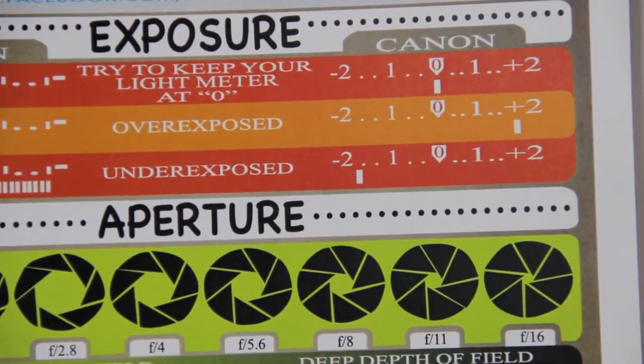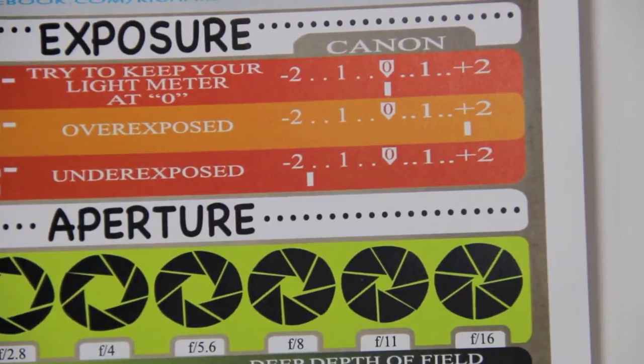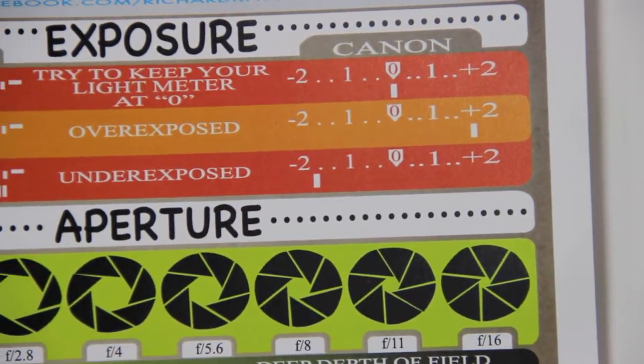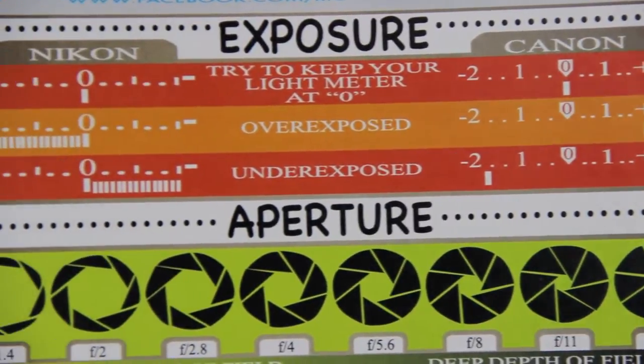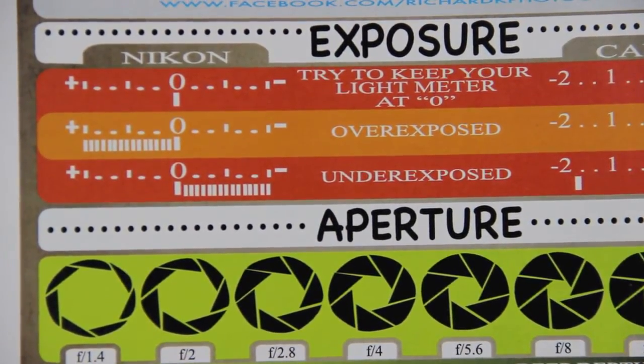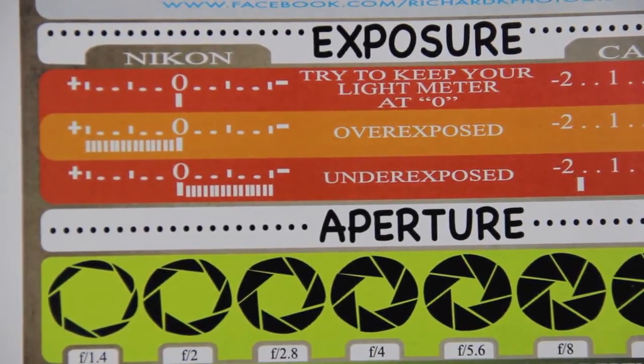As you can see, overexposure would be the plus. Canon runs their plus symbol on the right, Nikon runs theirs on the left, so don't get that confused. If you're on Nikon or Canon, just look for the plus or the minus.